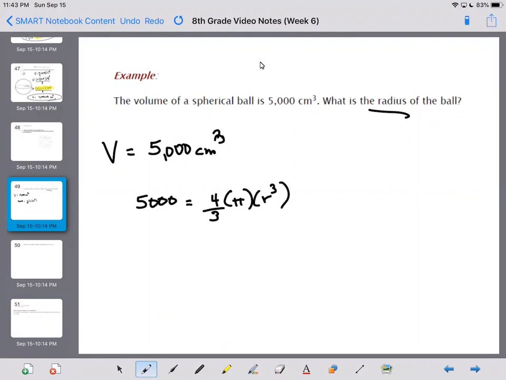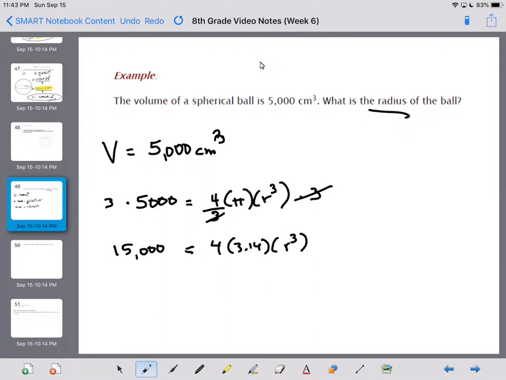So with this one, I'm going to go ahead and multiply both sides by 3 to give me 4 times, and I'll change that to 3.14. So this will be 15,000.